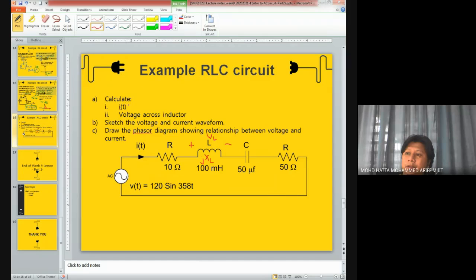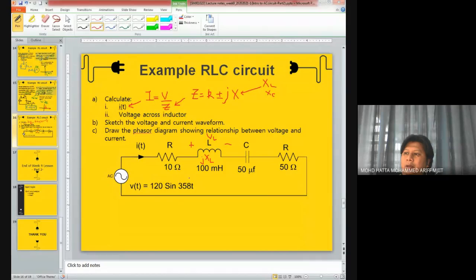In order for us to calculate this I of t, our strategy is by applying Ohm's law: I equals V divided by Z. And Z over here should consist of a combination of resistor R, and we don't know yet whether it is plus or minus, and also the components of reactance. This reactance X has two components, XL and also XC.